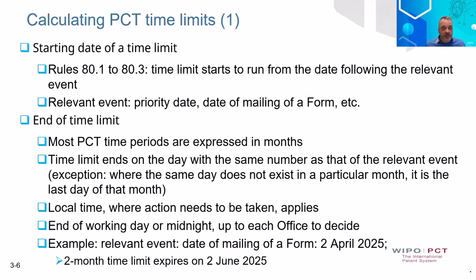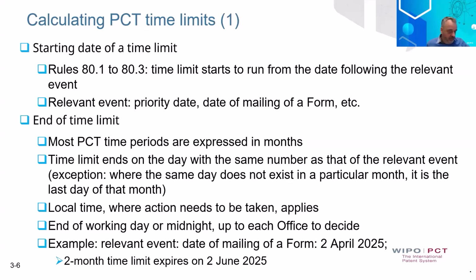And when do time limits end? So most PCT time limits are expressed in months, and the time limit ends on the day with the same number as the relevant event in the month that's at stake. So unfortunately, we should have had this webinar tomorrow.